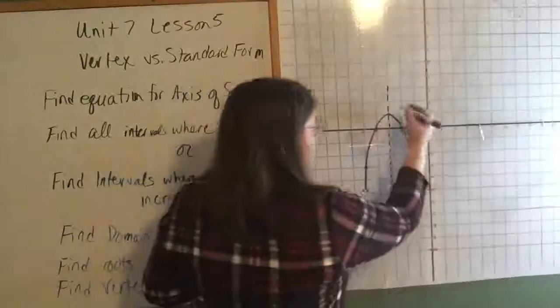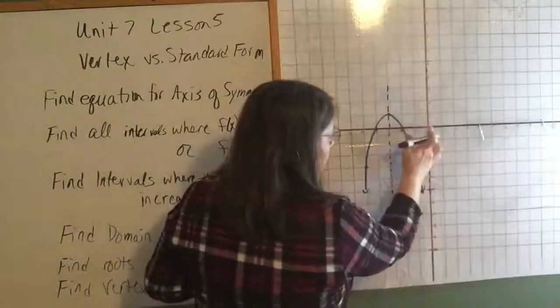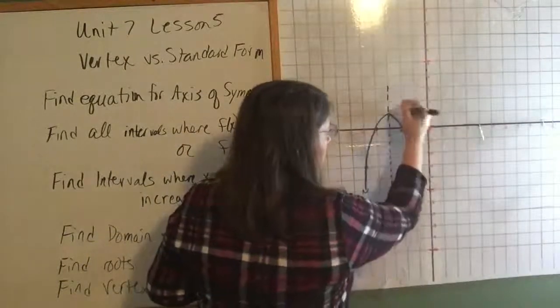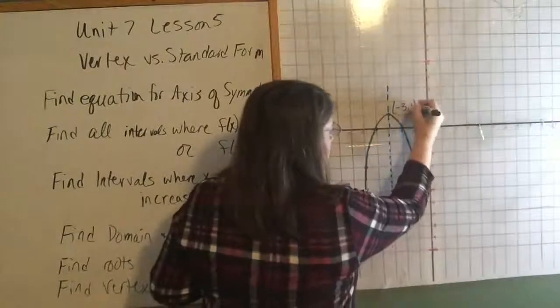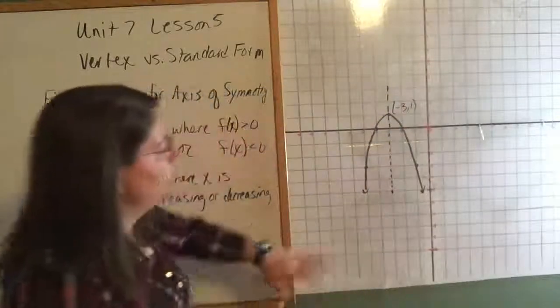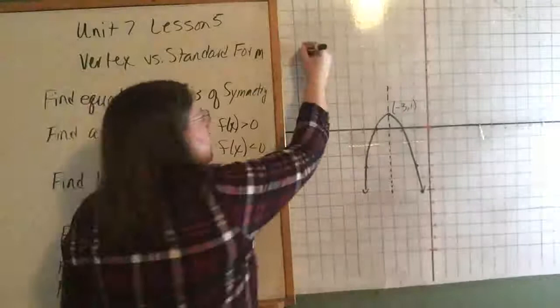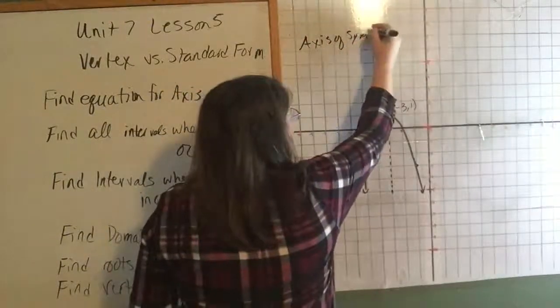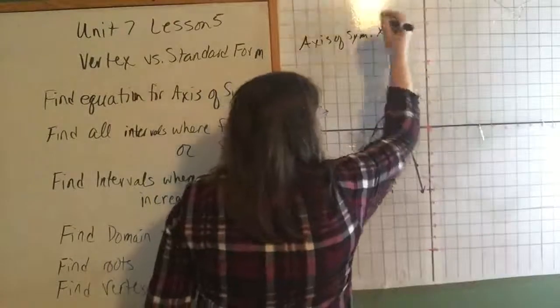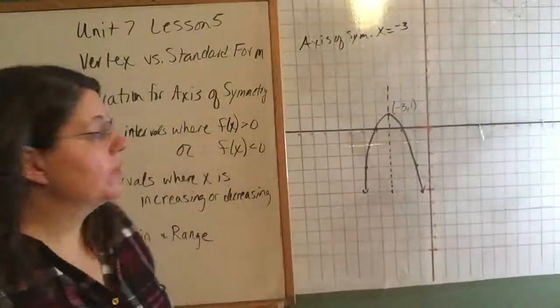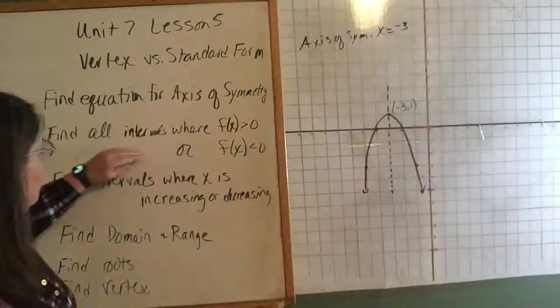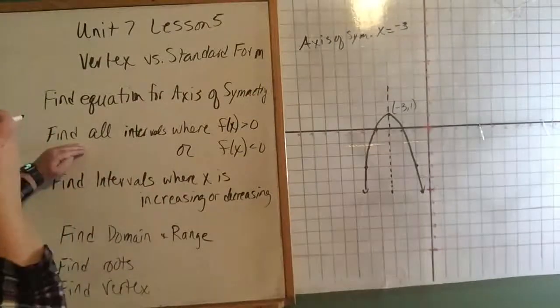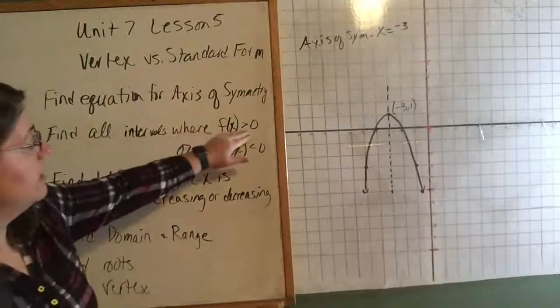And the number that we're talking about here, well, that vertex is at -3, 1. So the equation for the axis of symmetry, I'll just write it right here, is x equals -3.